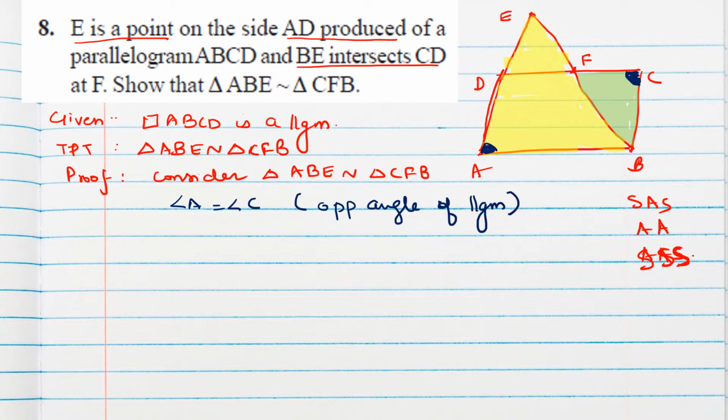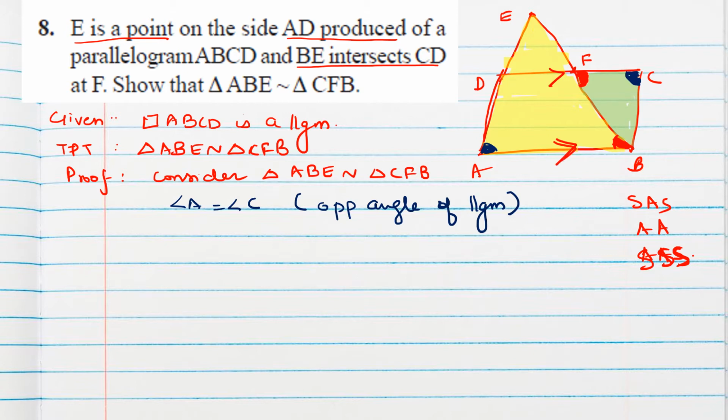Next thing we can write, these two angles CFB and ABF. Why? Because it is a parallelogram, so DC and AB are parallel.